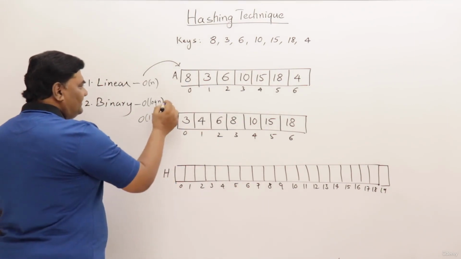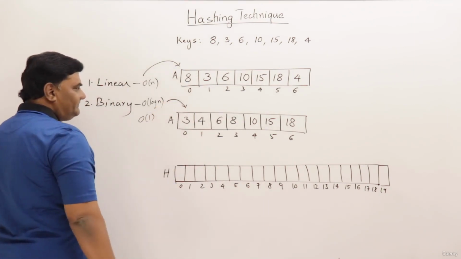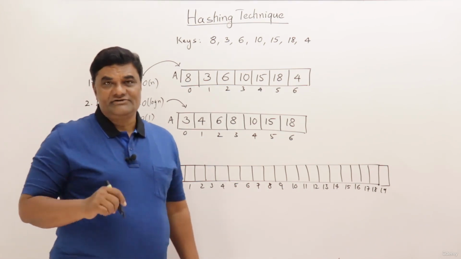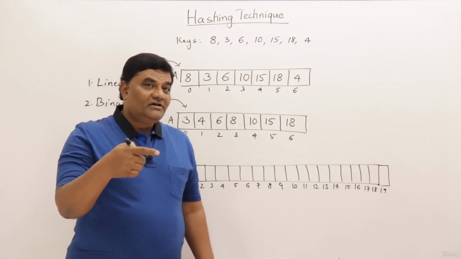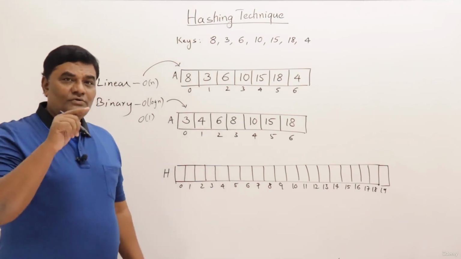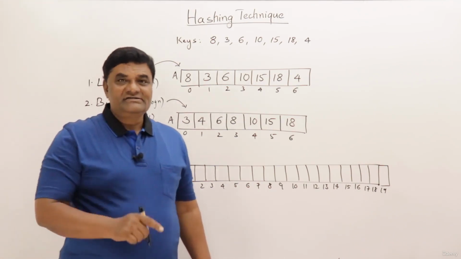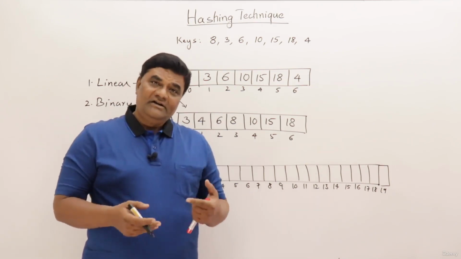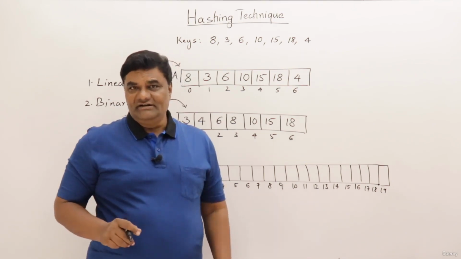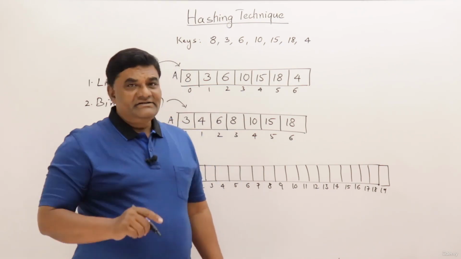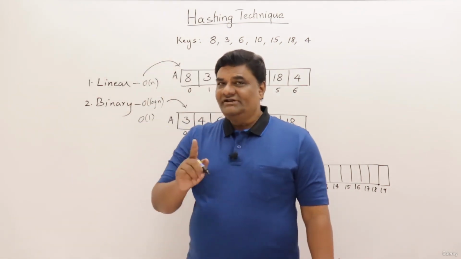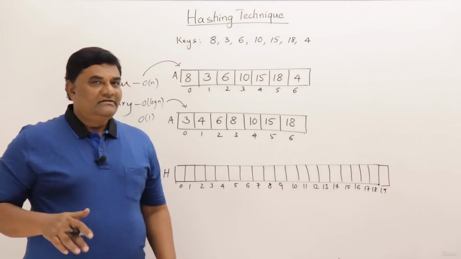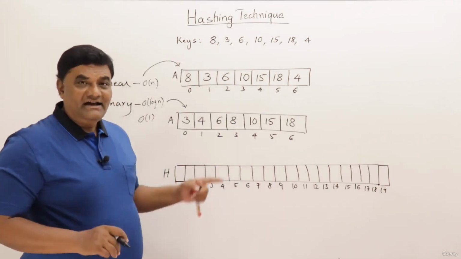If they are in sorted order, then we can perform binary search. The requirement for binary search is that the keys must be sorted. This is the extra work you have to do, so you have to put in some extra effort to keep them sorted. Binary search time, that is log n, can be achieved only if you put in the effort of keeping the list in sorted order. Now the third idea, that is hashing.